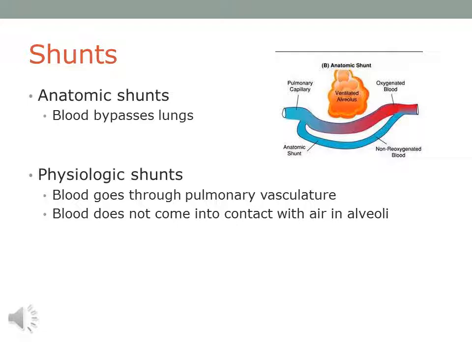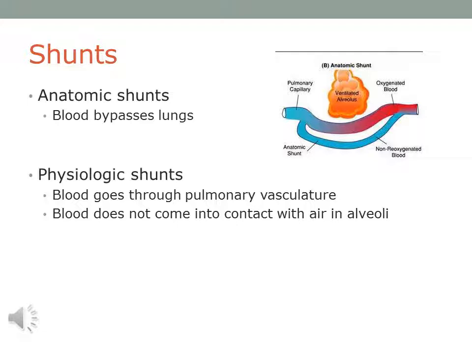Now, physiologic shunt in the pulmonary system is when the blood actually goes through the regular pulmonary vasculature, so it's actually getting to the lungs, but it doesn't come into contact with the air in the alveoli. So rather than having a defect like we did in the anatomic shunt where the blood completely bypasses the lungs, with the physiologic it goes through the pulmonary vasculature, but it's not coming into contact with the actual air in the alveoli, which means we're not going to get the perfusion like we should.